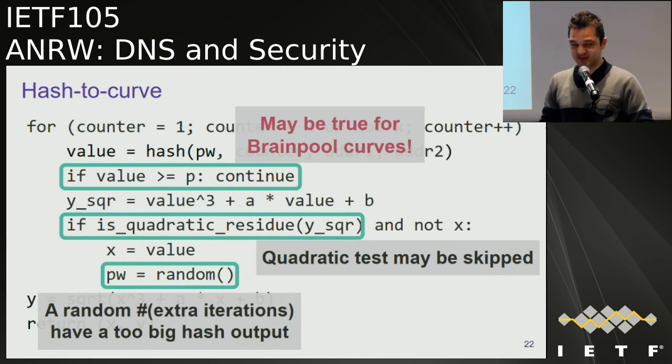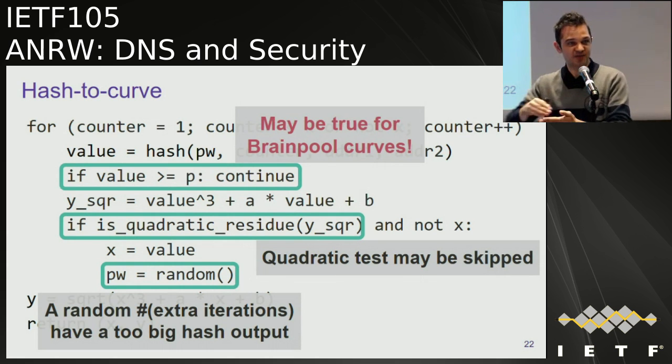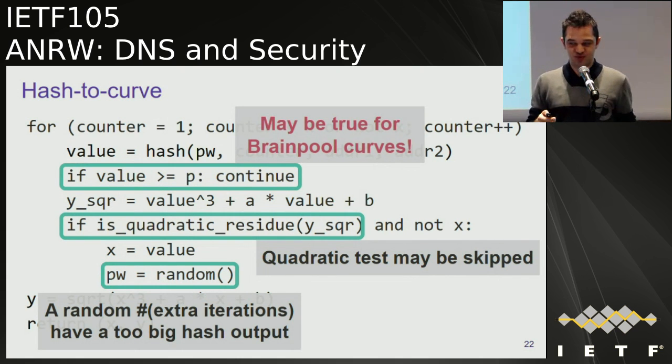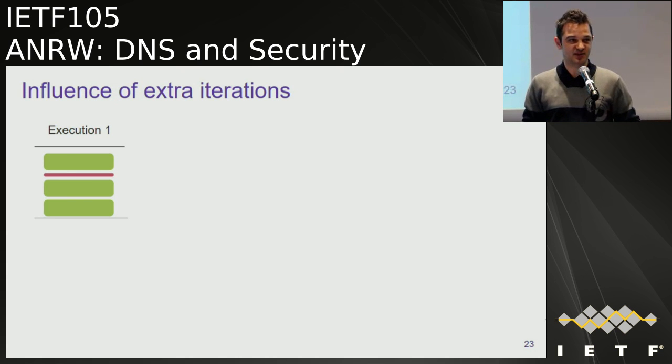Now, the timing attack against this case is a bit less straightforward, because we do still have these extra iterations that are being executed. And on top of that, these extra iterations that are executed after the password element has been found are based on a random password. So to quickly illustrate the impact of this in practice, let's say I perform some executions using the same MAC address.